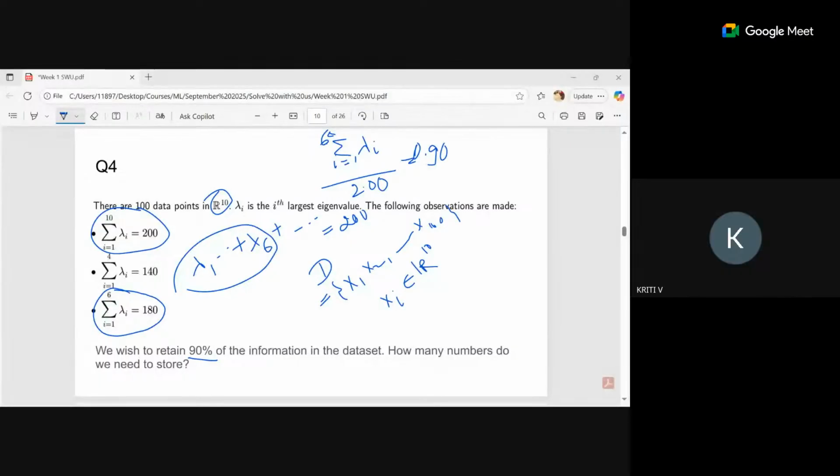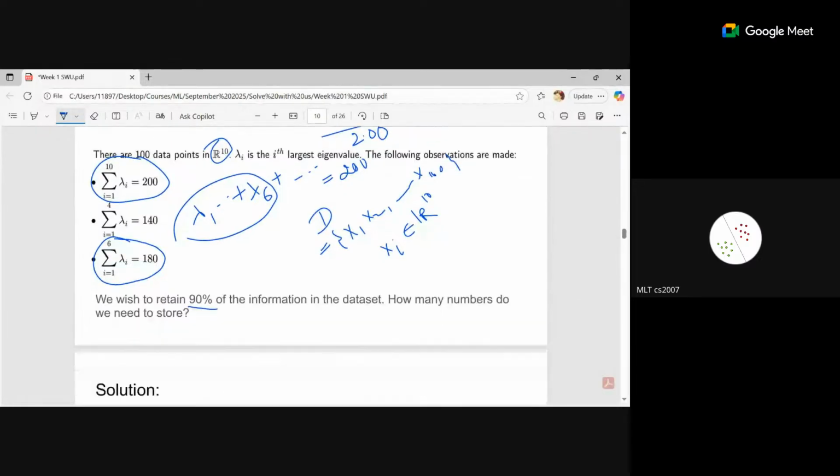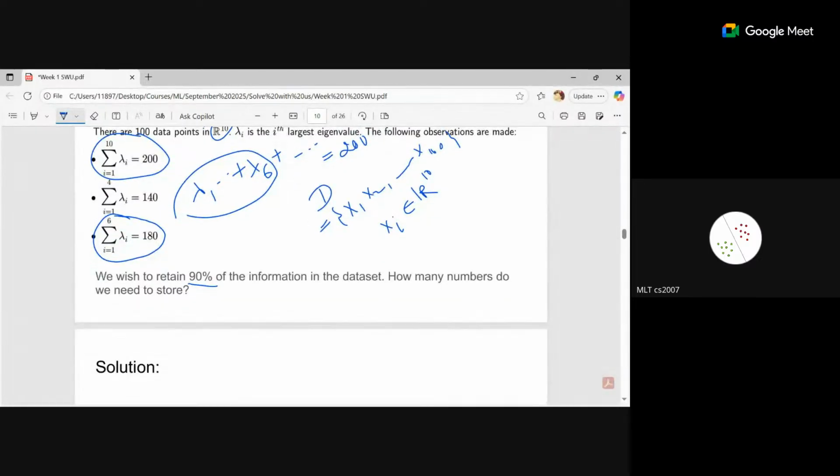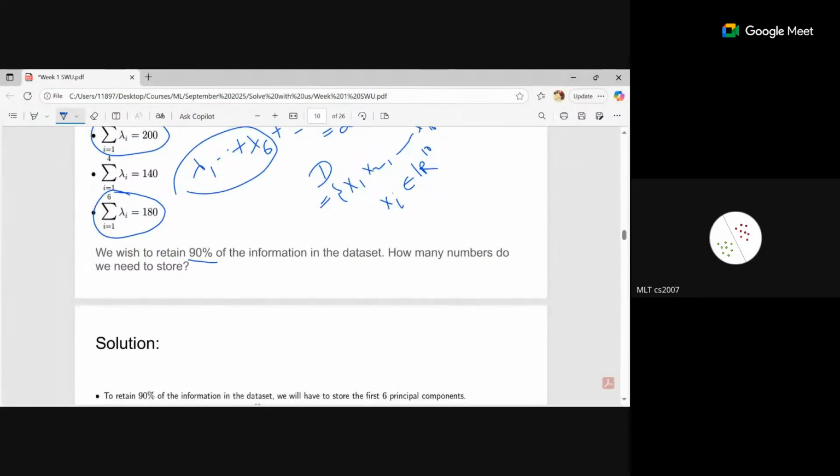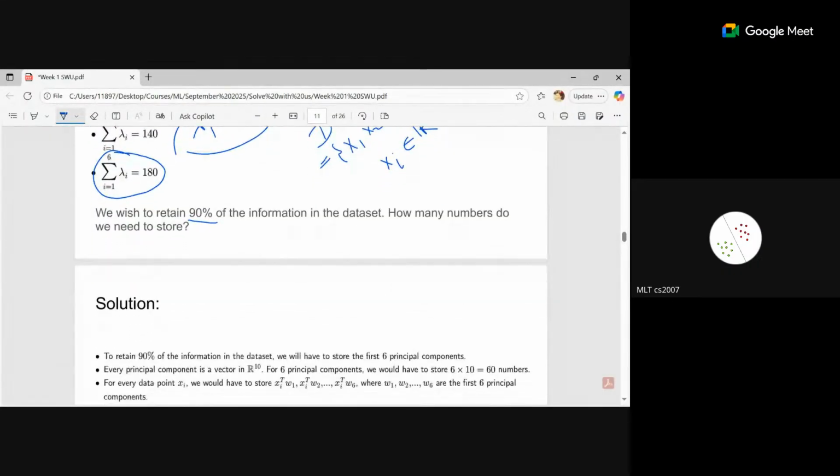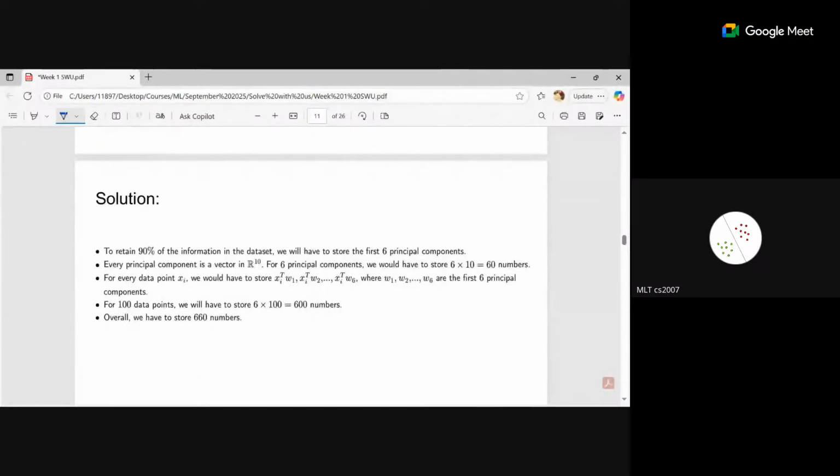Okay. Yes, ma'am. So once this is okay, we need to take only the first 6 eigenvalues. Then we need to think about how many numbers we need to store, is the question, right? So we need 6 principal components, W1, W2, so on till W6.